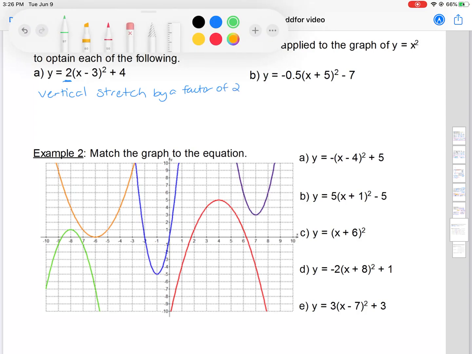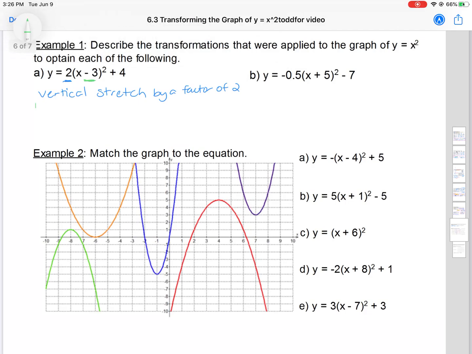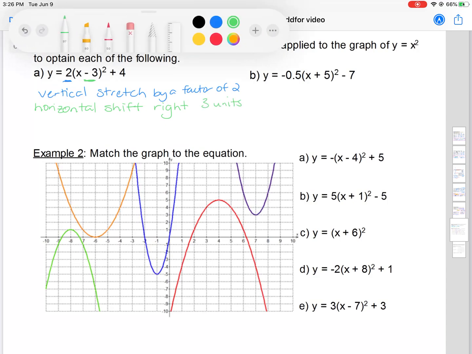And then the number inside here, that's a horizontal shift, right? So it's shifted to the right because it's a negative, so it's the opposite, 3 units. Or by a factor of 3, that's fine, you can write that.